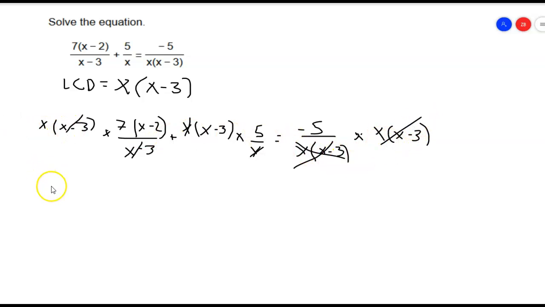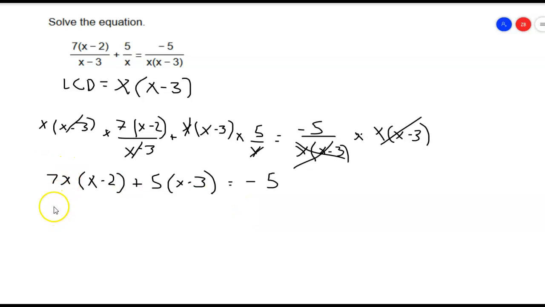So this is going to leave me 7x from this times x minus 2. And then over here, I just have the plus 5 times x minus 3. And this is going to be equal to negative 5. So multiplying by the LCD cleans this equation up nicely for us.